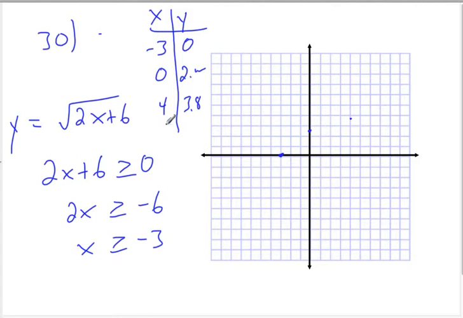So how about 10. 10 gives 26. Ooh, that's really close to 5, right? So almost 5. And that looks pretty reasonable based on the graphs we've seen that have square roots in them. There we go, bam. 30 is done.